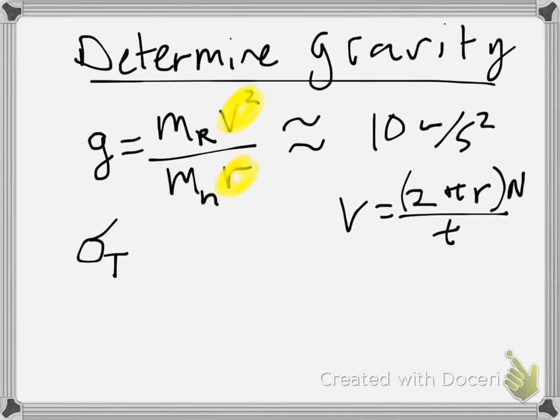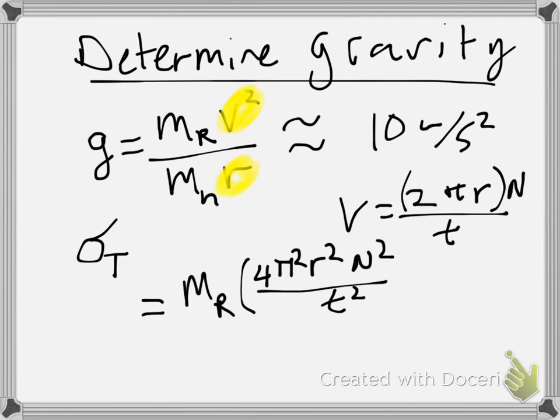Then you get m r times 4 pi squared r squared N squared over t squared, all over m h times r. One of those r's can go away, and basically you're just plugging all this stuff in.